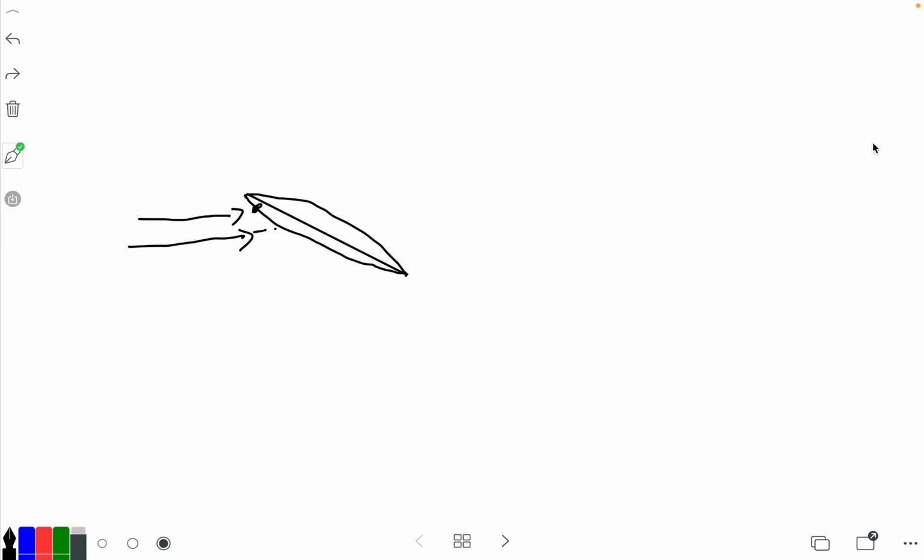But if we lower our angle of attack, decrease our coefficient of lift, the point where the relative airflow hits at the exact point at which the velocity is 0 moves up.